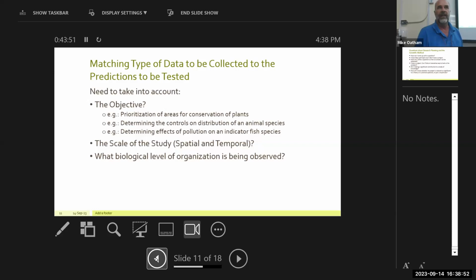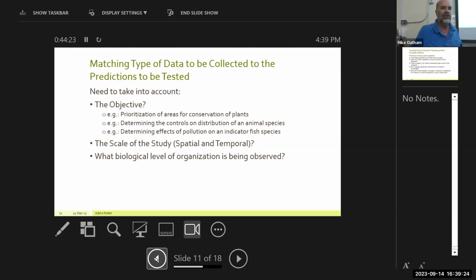Okay. If we're measuring an individual, we just need to find one individual and measure that. But if we're measuring a population, we need to find at least whatever the natural variation is, maybe 10 individuals, maybe 30 individuals. Quite often, a rule of thumb is around 10 to 30 individuals may be enough. You could start there, okay? We're measuring a community.